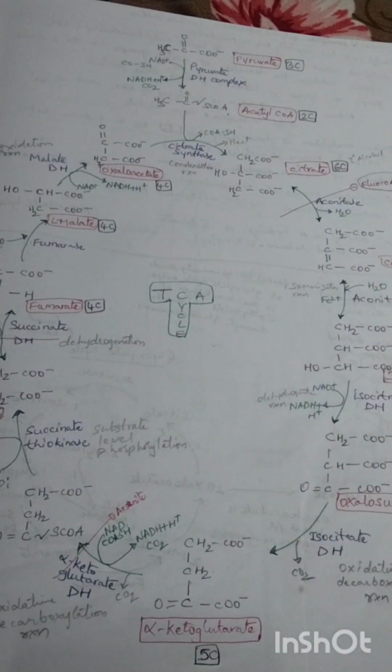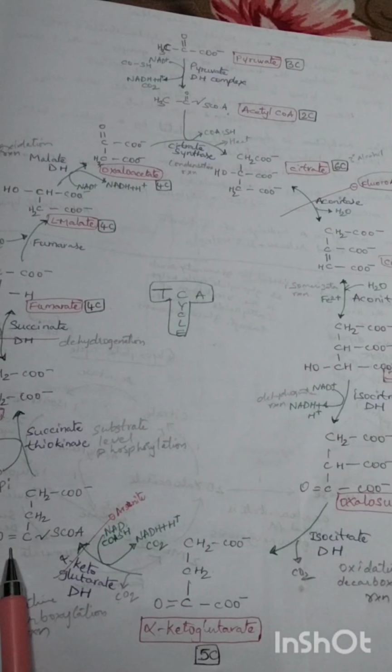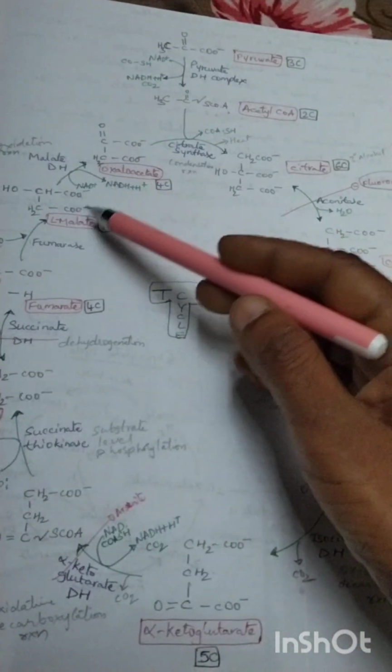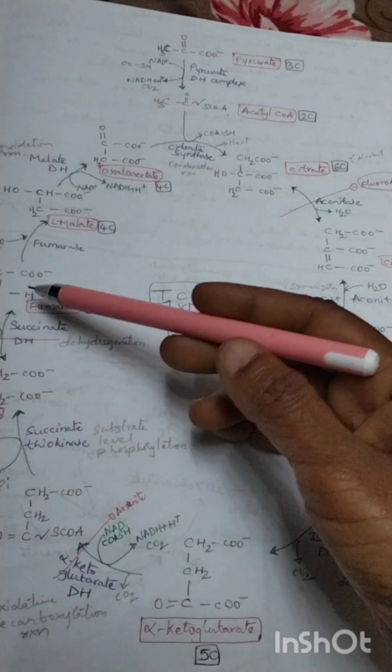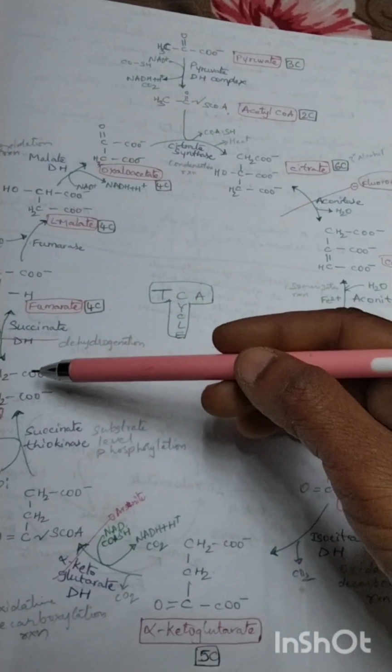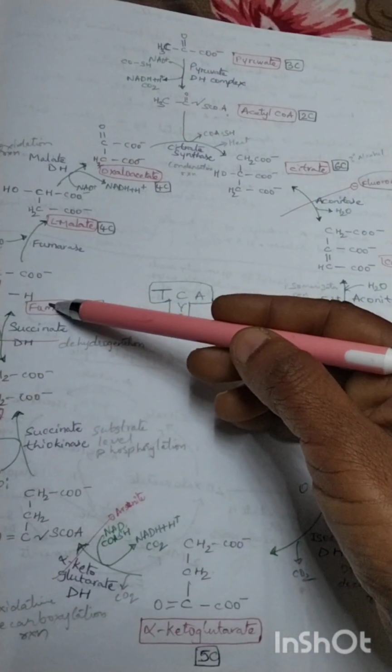That is, 1 NADH in this step, isocitrate to oxalosuccinate, and another NADH is produced in this step, alpha ketoglutarate to succinyl-CoA, and the other NADH is produced from malate to oxaloacetate. FADH2 is produced in this step, succinate to fumarate.